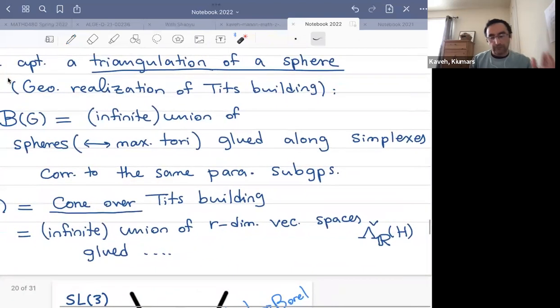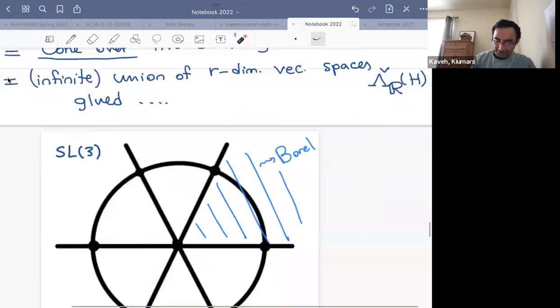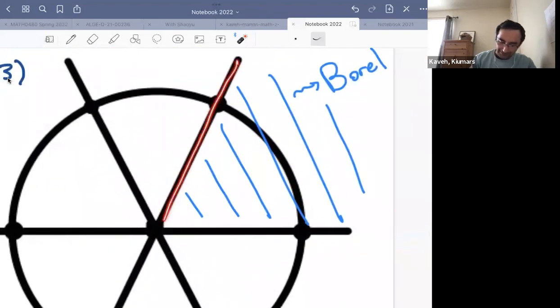Then, if a parabolic subgroup may contain several maximal tori, I glue the corresponding faces in different maximal tori, so on different spheres. In this picture, this represents a parabolic subgroup which contains your given maximal torus and Borel.